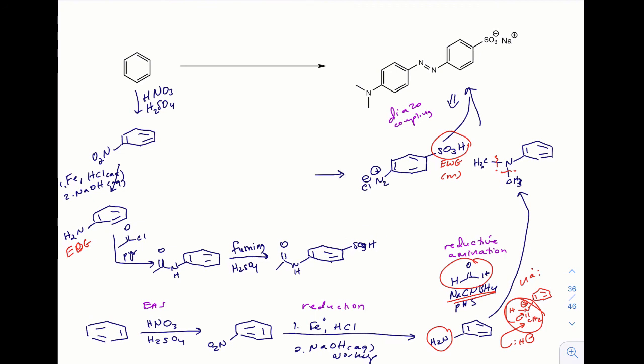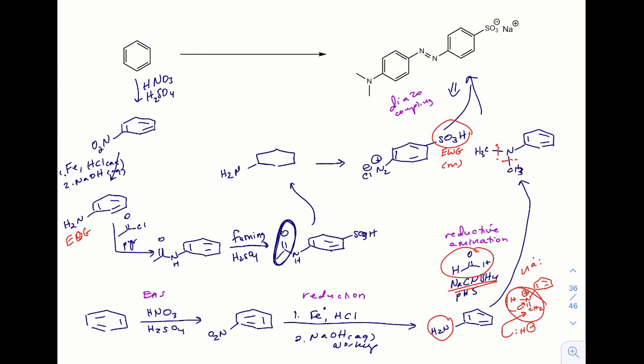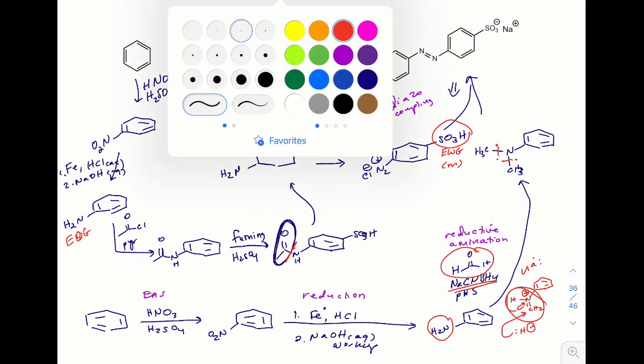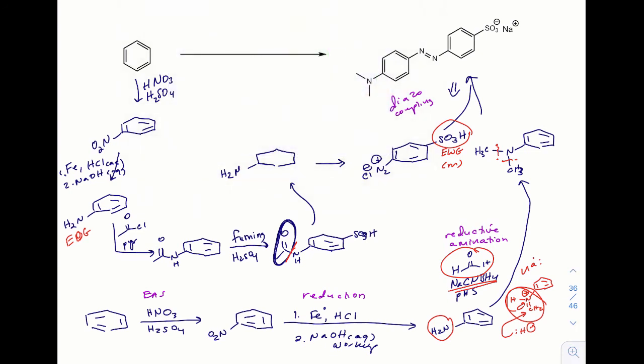Now, the aryl diazonium, this intermediate, is going to be made from the amine. To break this bond and remove the acyl group from the amine, so to break the amide bond, is most easily done in the presence of acid. So we will hydrolyze with aqueous acid, but that hydrolysis would actually generate the protonated amine, so NH3 plus.